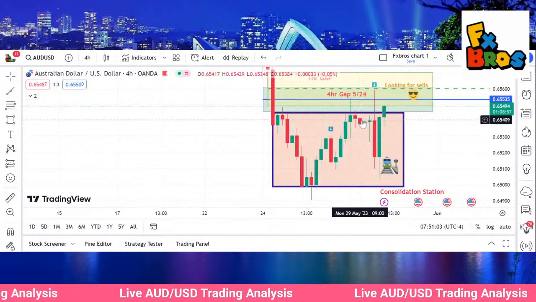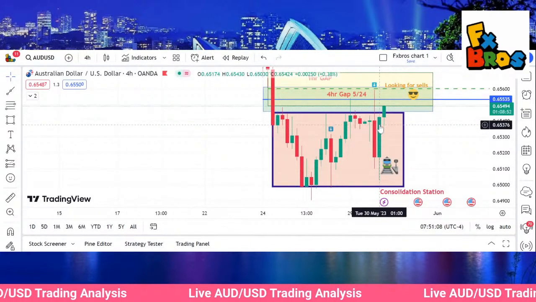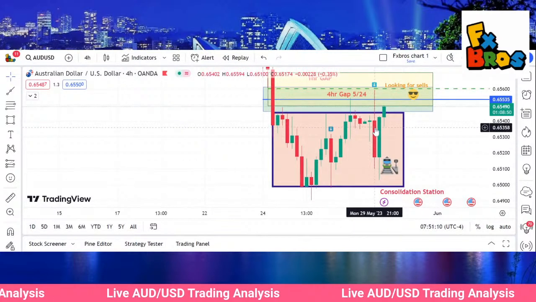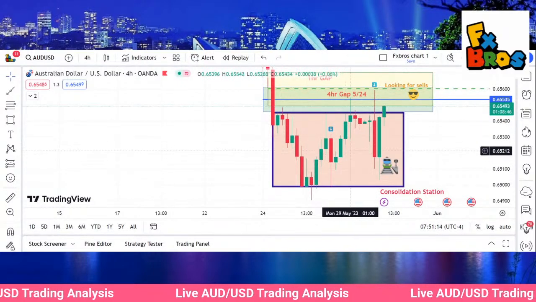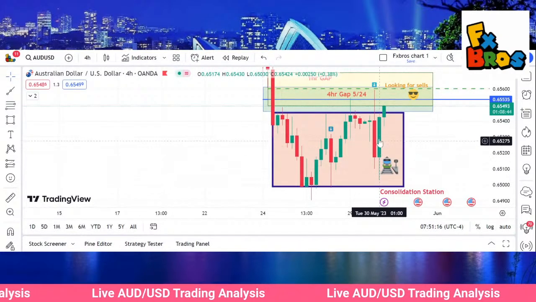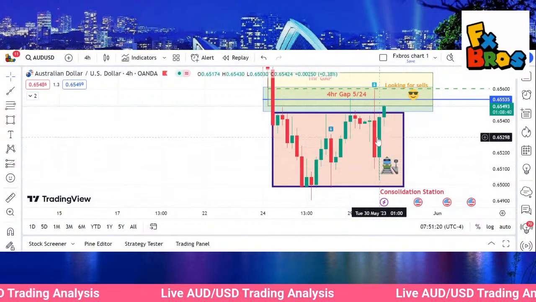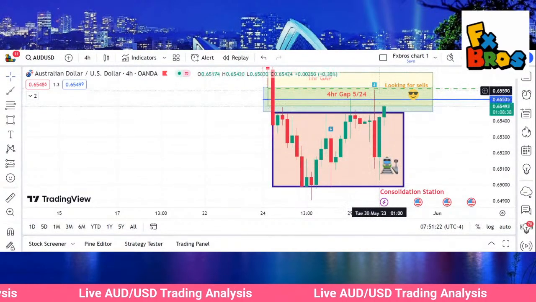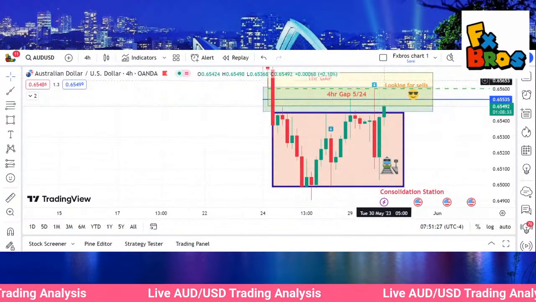No, 4. Last 4 4-hour candles we engulfed on this buy. Way less than the one that engulfed bearish. So what do you think? You think the bears are more in control because we had more, or you think this was a stronger move from the bulls to push higher? Because yes, we did sweep the lows, but that would also have room for me to believe that we're gonna sweep the highs.